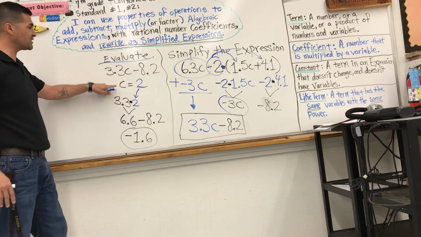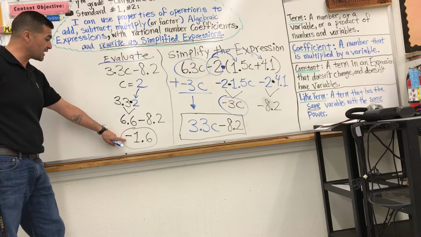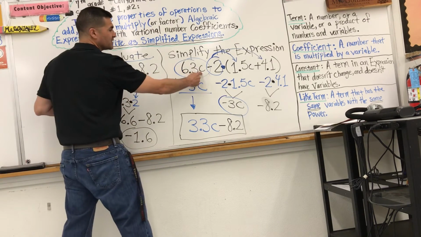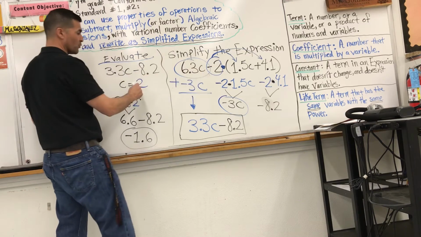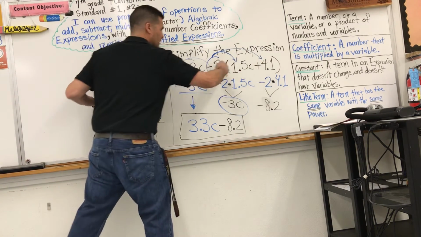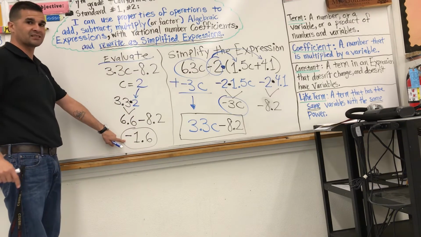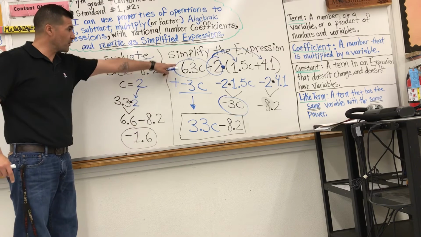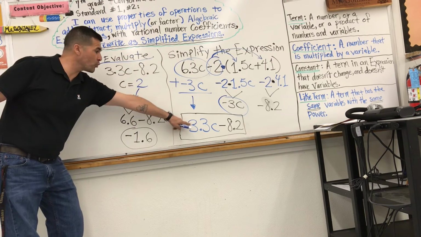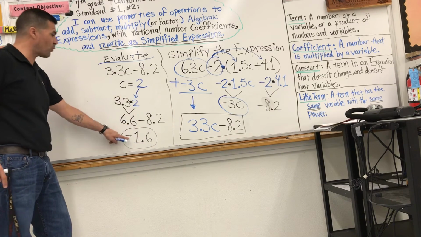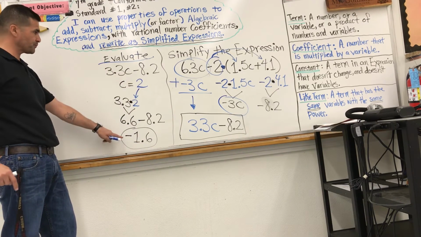When you replace c with the number 2, you get negative 1 6/10 quicker. It's going to take longer to get that answer from the longer expression. The shorter, simplified expression will give you the answer quicker when c equals 2.